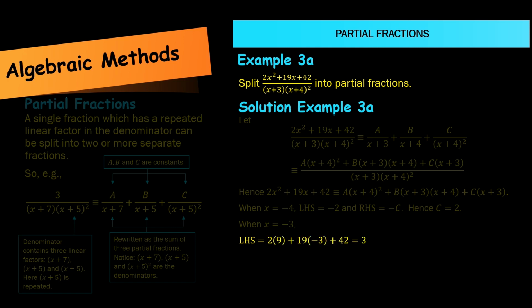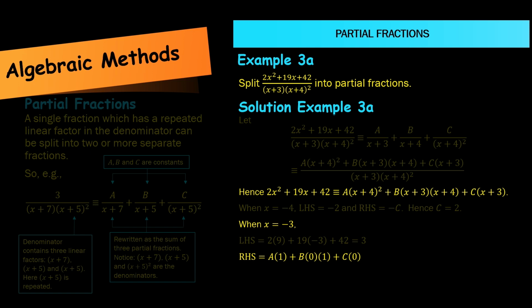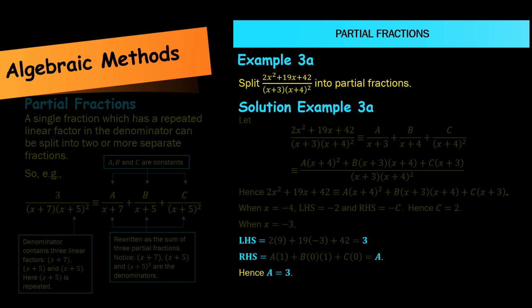And when we plug in x equals -3 on the right-hand side, we manage to get rid of the b term and the c term, and this is what we intended to do so that we can find the value of a. So on the right-hand side, we are left with a. Since the left-hand side and the right-hand side are equal, we have that a is equal to 3.